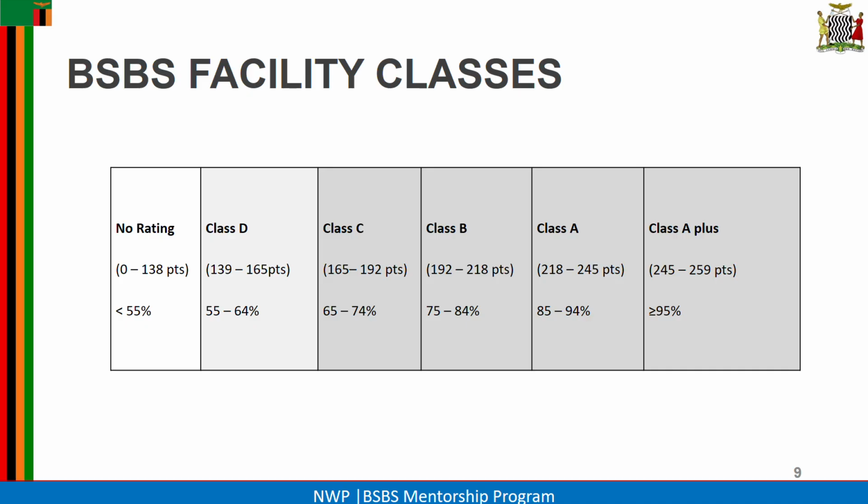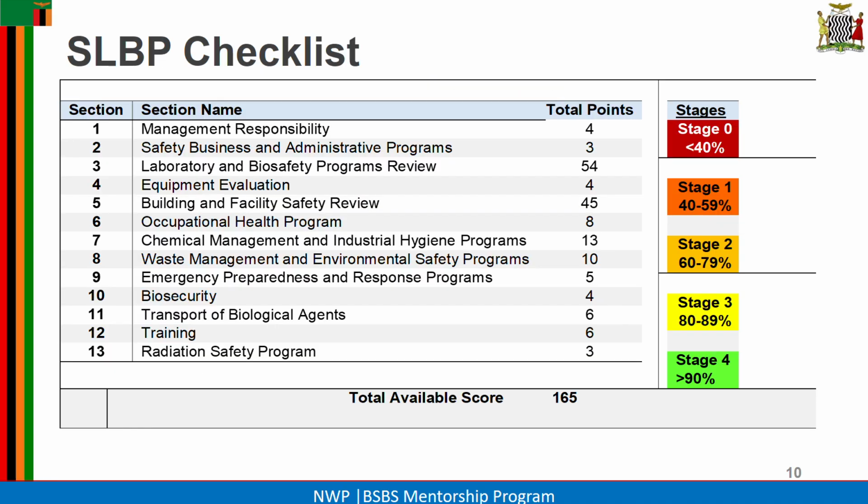So this particular checklist prepares you for that certification. We're going to look at this checklist when I show you how to actually conduct an internal audit. We're going to use the biosafety and biosecurity checklist that was prepared in Zambia.